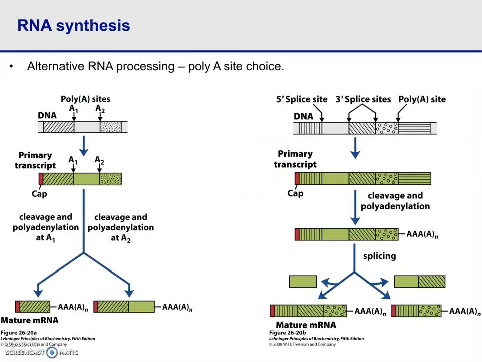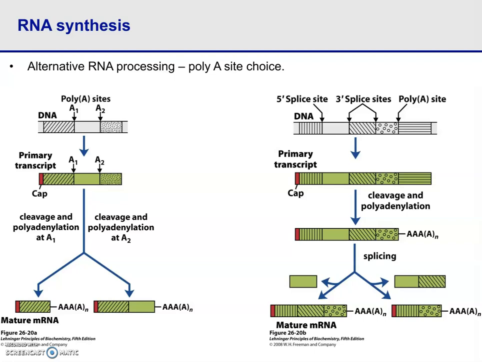Now, this is the interesting part. RNA processing is not always as simple as we described. In these past slides, it appears that we can add a cap, we can do splicing, we can add a poly A tail, and everything seems to be fine.